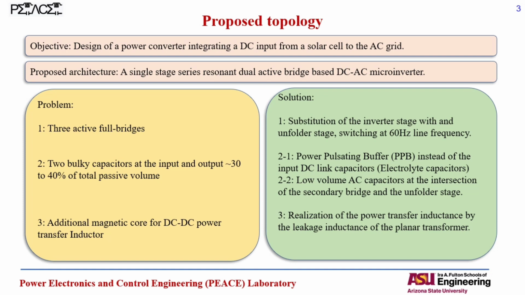And we are also going to substitute the bulky capacitor at the intermediate section between the DC-DC operation and the DC-AC operation with a lower volume capacitor, which decreases the volume of the system. And the last one would be that we are going to substitute the actual magnetic inductance at the input of the power transformer with the leakage inductance of the transformer.